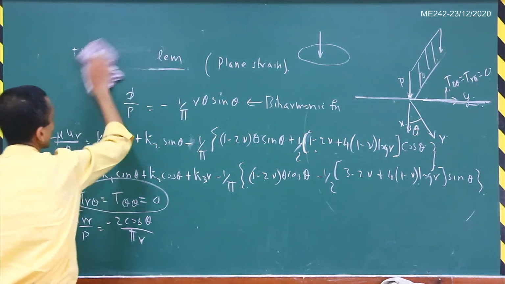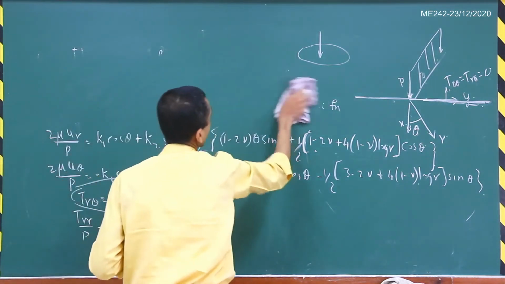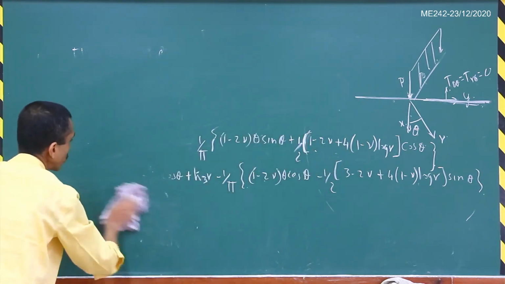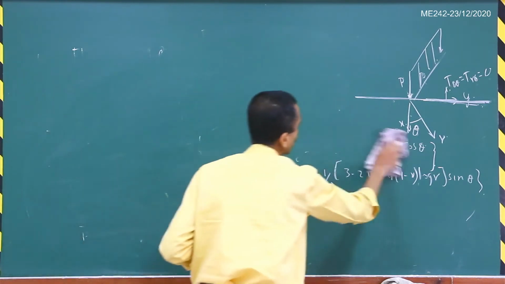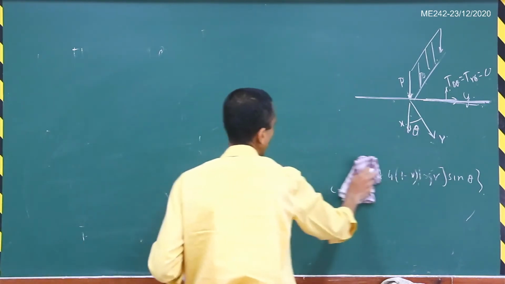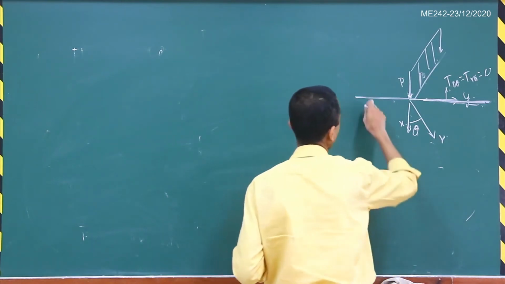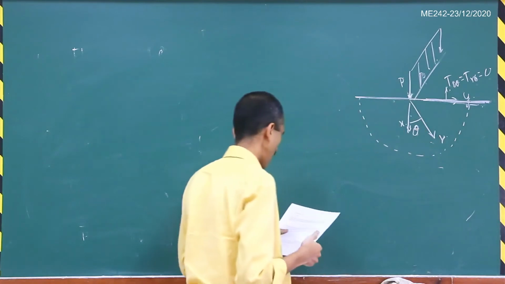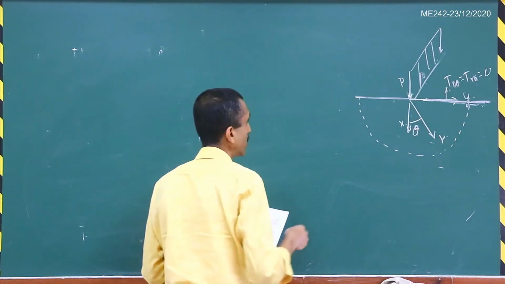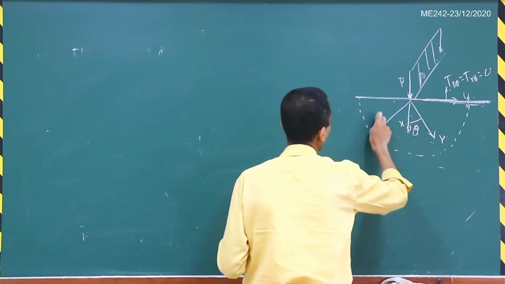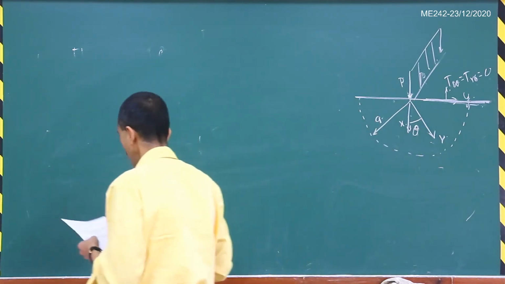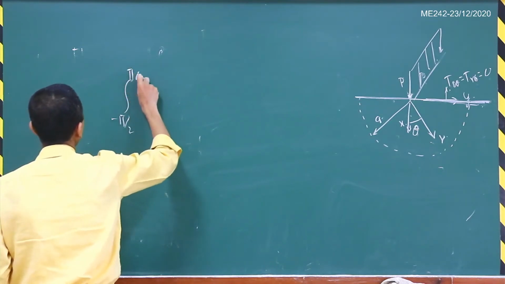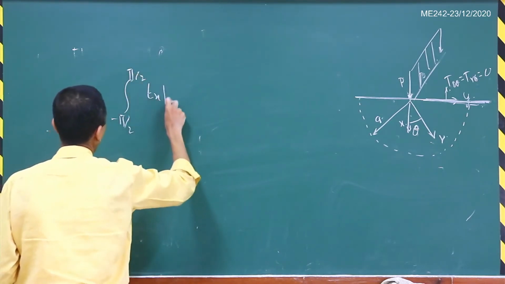Let's do that. In order to show that, we will take a semicircle surrounding the origin. Take the radius of this semicircle to be a, and integrate from minus pi by 2 to pi by 2 of Tx at r equal to a.